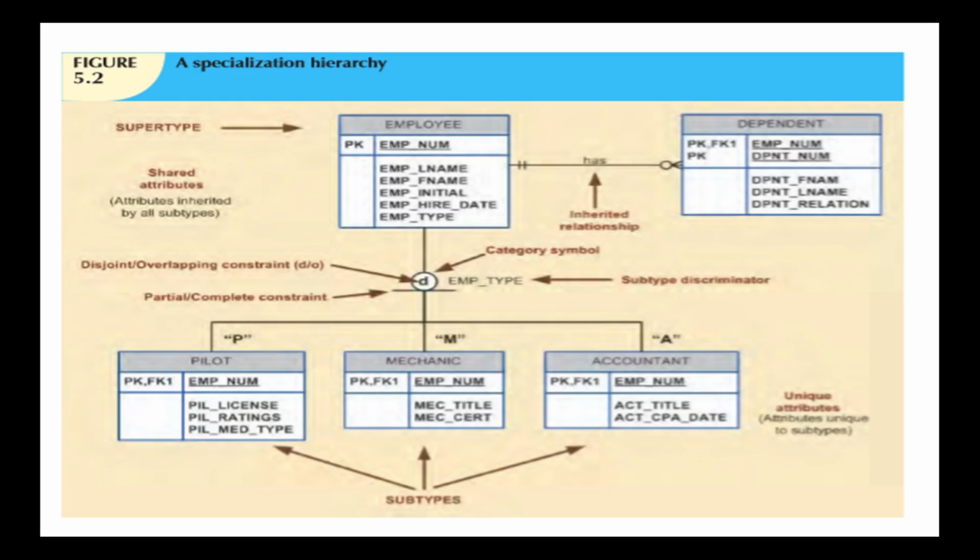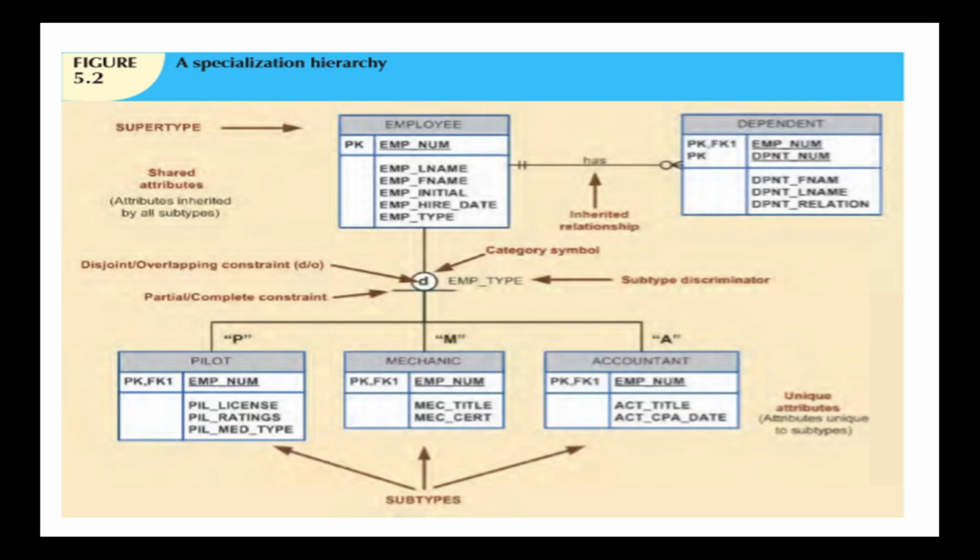Here the employee number is the primary key in the employee table, which is used to identify each and every employee entity instance. From this employee supertype it derives three employee subtypes: pilot, mechanic, and accountant. The pilot, mechanic, and accountant each have some unique characteristics.